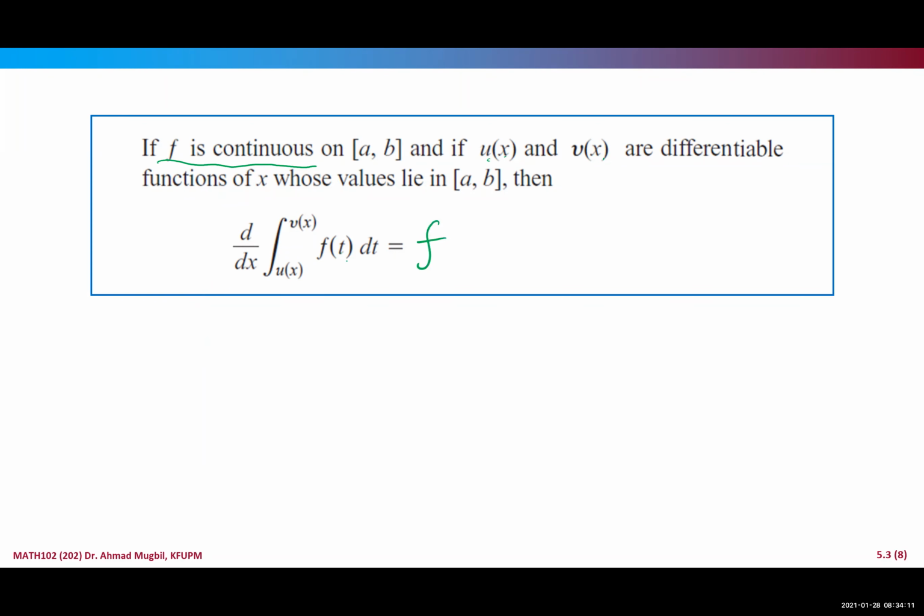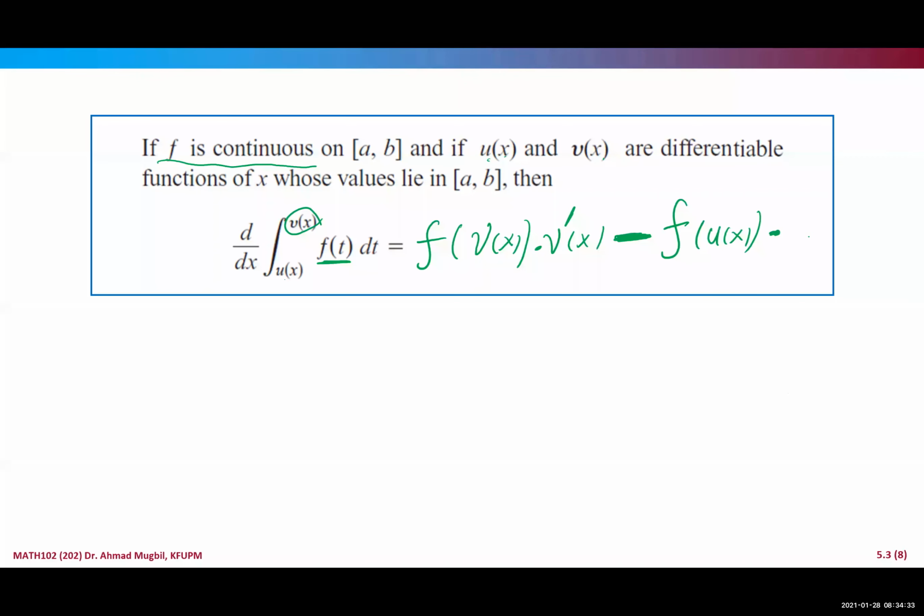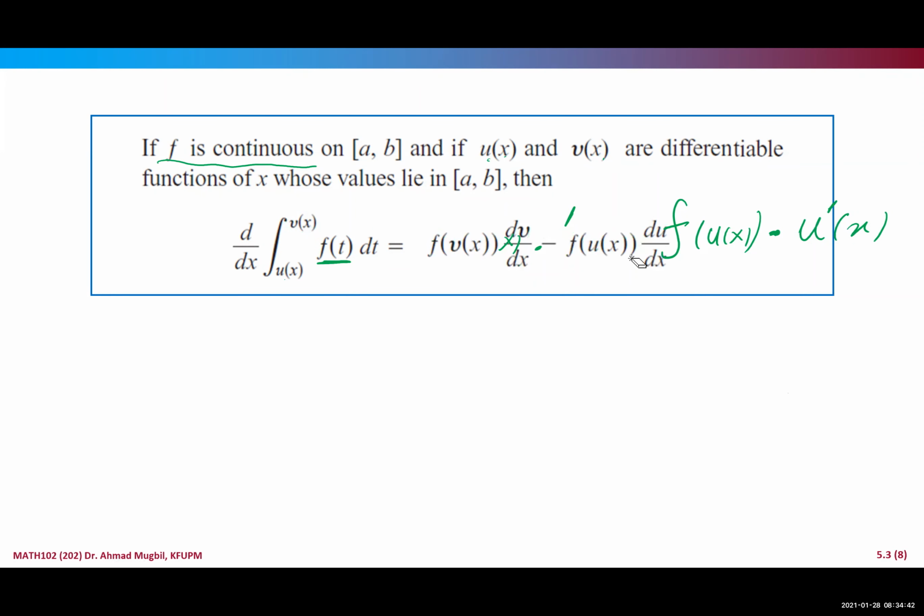In this case, it will be the value of the function inside, where instead of t you write the upper limit, multiplied by the derivative of the upper limit, minus the same function evaluated at the lower limit, multiplied by the derivative of the function in the lower limit. And I think now we answered your question. Of course, it was a special case when this is a constant. What is the derivative of any constant with respect to x?